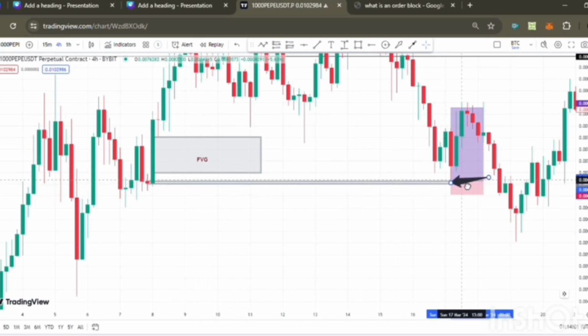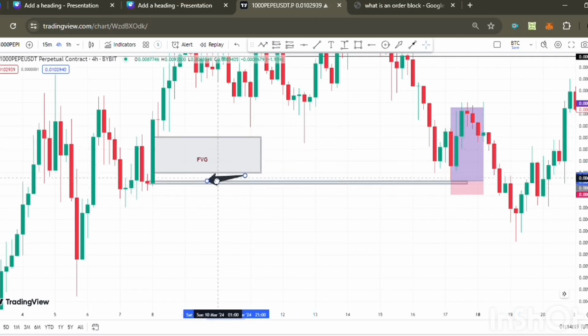When the market comes down, there is a possibility of the market picking your order and going in the long direction you have already placed. After filling the imbalance here, the market will now take in your order block entry.